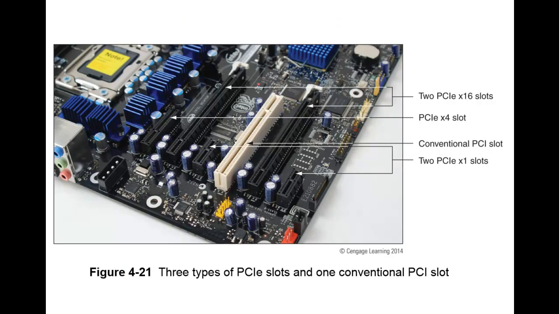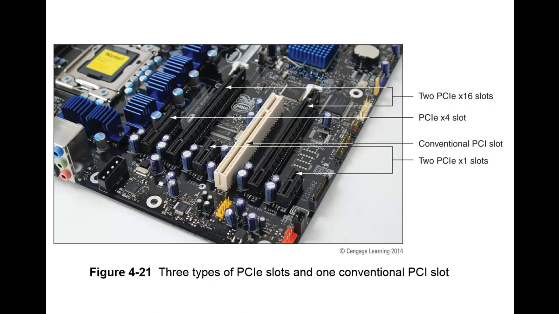We have a conventional PCI slot here in the very middle, that really long white one. And then we also have some new ones, PCIe, PCI Express. Those are listed here. You have some PCIe x16, x4, and x1 slots available here.